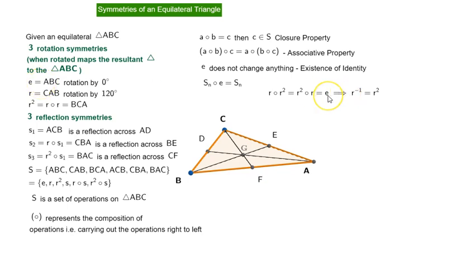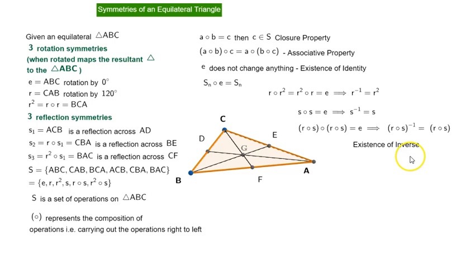That means we get E. So that means the inverse of R is equal to R square, or we can say R square is the inverse of R. Similarly, a reflection done twice will give us E. That means no change. So S inverse is equal to S. Similarly, that means inverse exists for every one of these symmetries.